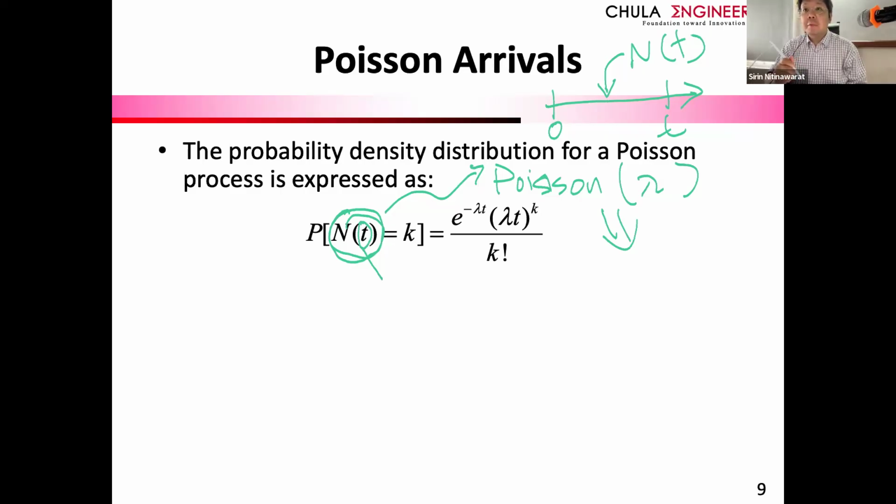What should be the formula for the PMF? e to the negative lambda, in this case with the running value k, and k factorial, right? But does it match here on the right? So what should be the parameter? Lambda T, right?